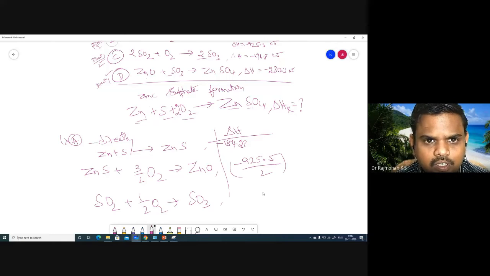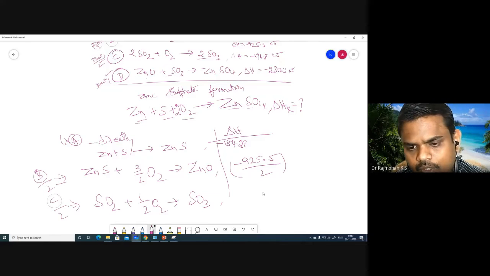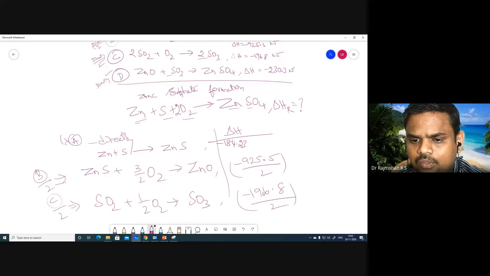So we'll write C by 2 directly. So we divide by 2 here too: minus 196.8 divided by 2.